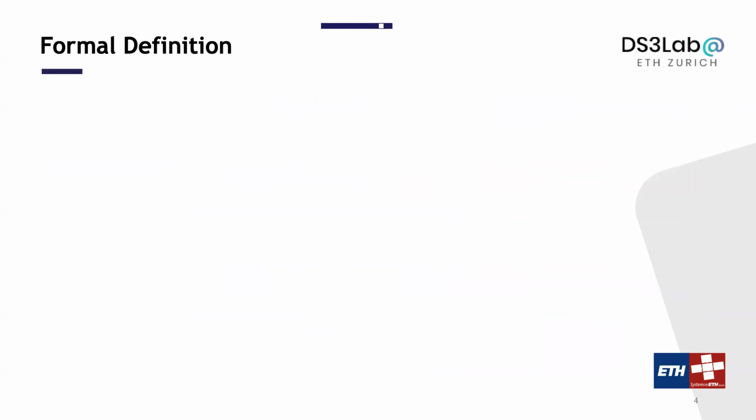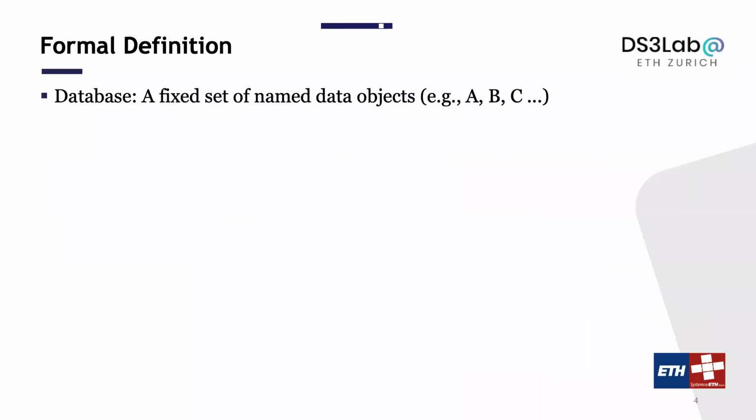Before we go to the new content, let's refresh our memory. What is a database in the context of our current discussion? It is a set of objects. We abstract away what is a row, what is a column, what is a table.